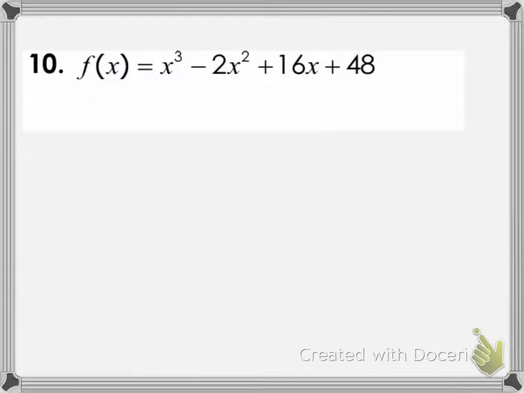Let's do a different one. x cubed minus 2x squared plus 16x plus 48. Okay. So can't take anything out to help, so we're going to have to do p over q, and I have 48. But it's a 1 here, so I can just do all the factors of 48, plus or minus 1, plus or minus 2, plus or minus 3, right?